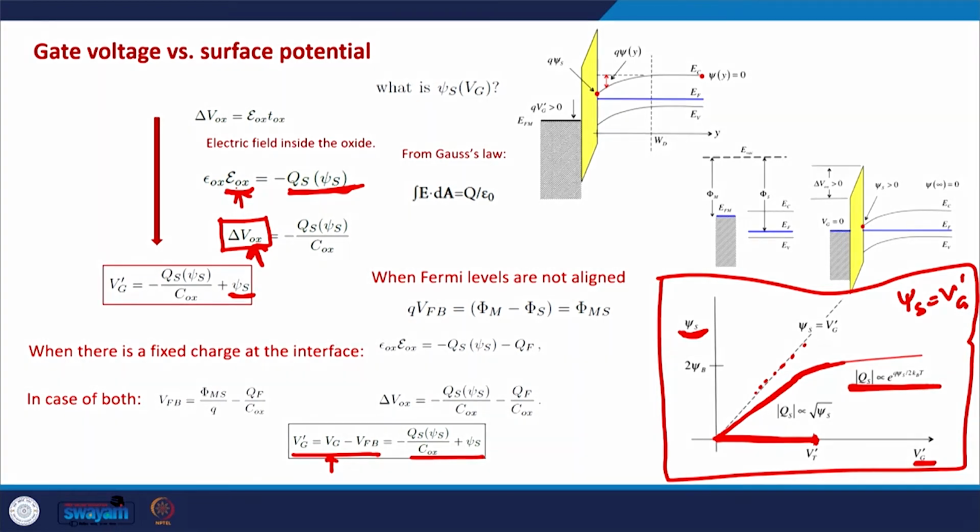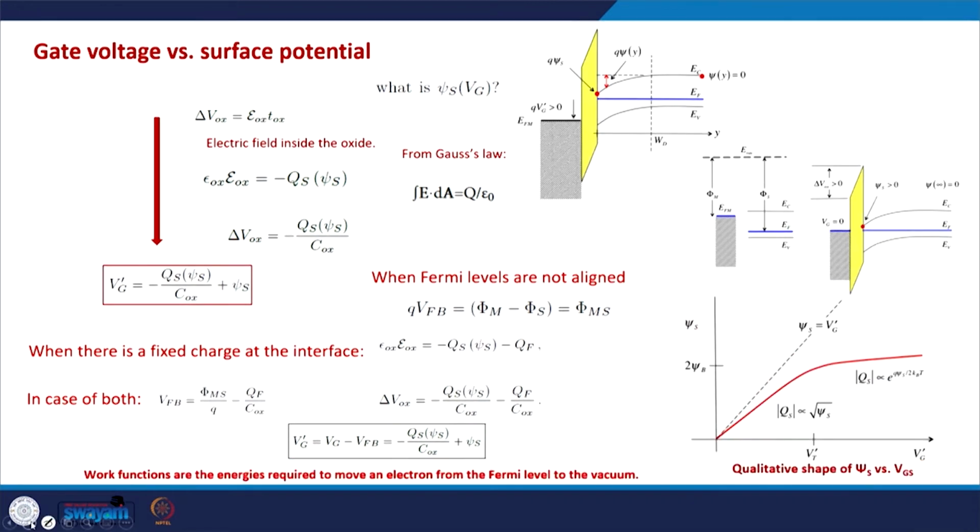Okay, now let us move on to see what the threshold voltage is. As we know, the threshold voltage is the gate voltage needed to bend the bands so that psi s is equal to 2 psi b. We have seen this definition multiple times.